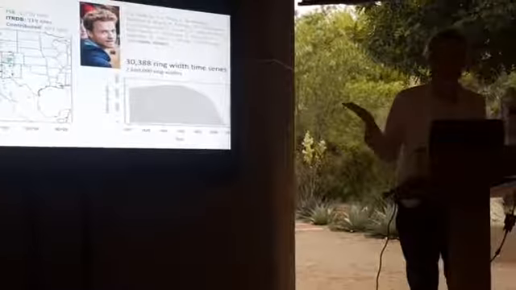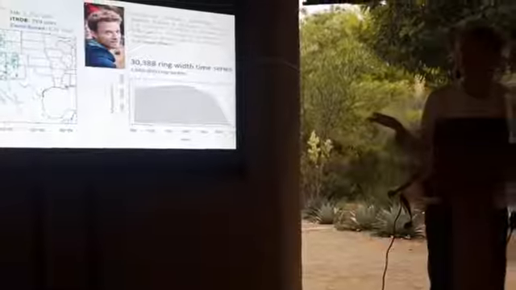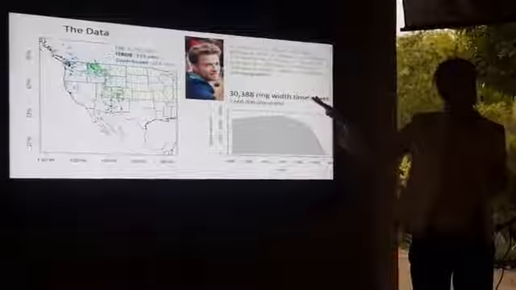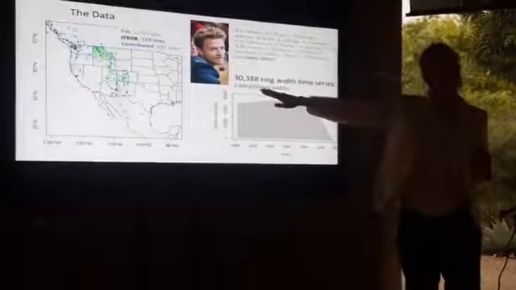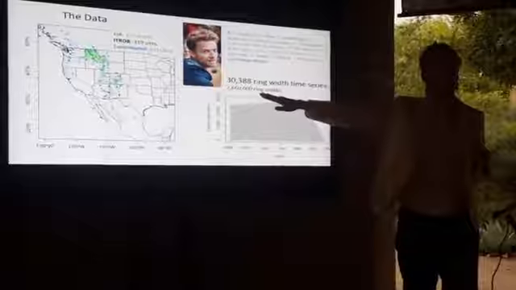So again, this work was led by Stefan Klesse, a postdoc in my lab, and he compiled together what ended up being just a little bit more than 30,000 tree ring time series for this species, and that ends up being a little bit more than 2.6 million actual ring widths, data points to work with.